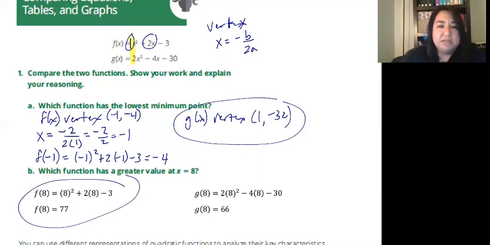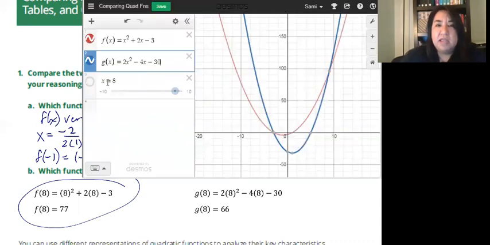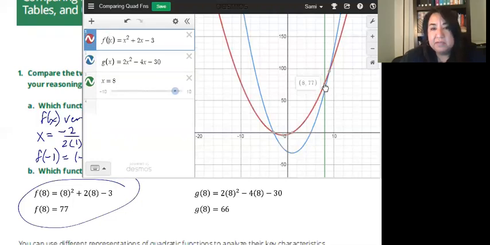If you wanted to do that graphically, I want to know where f of x and g of x intersect the vertical line at x equals 8. I can see that g of x intersects at 8, 66. That means when x is 8, y is 66 for g of x. And for f of x, I can see that it is at 8, 77. So it confirms what I just did.